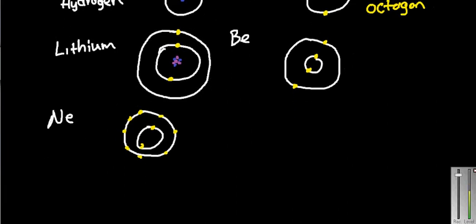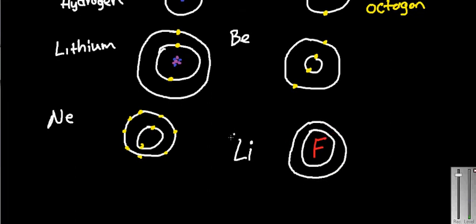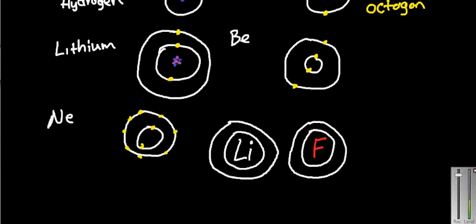So what happens, going back to lithium, is when you have a lithium atom here, and say we have a fluorine atom over here, the fluorine looks something like this, and the lithium, we're going to have something like this. The fluorine is actually quite a bit bigger than the lithium, so I'm not drawing these to scale, but the lithium is going to be like that.